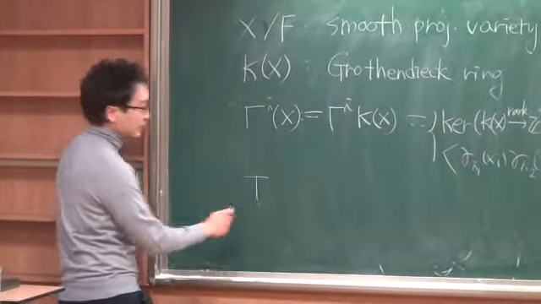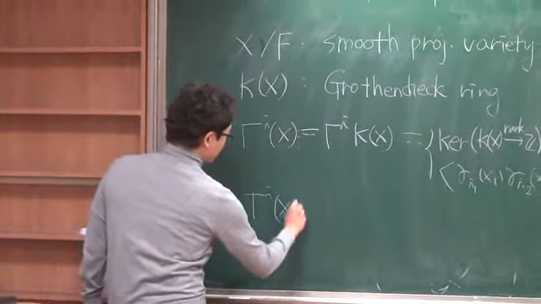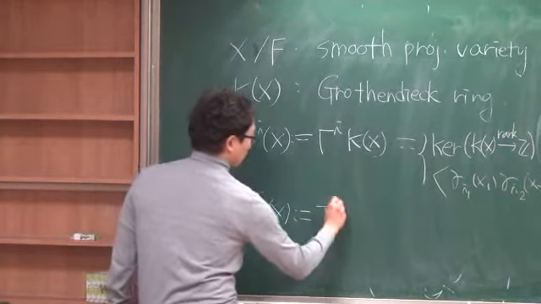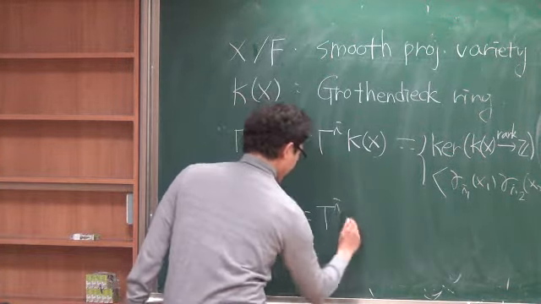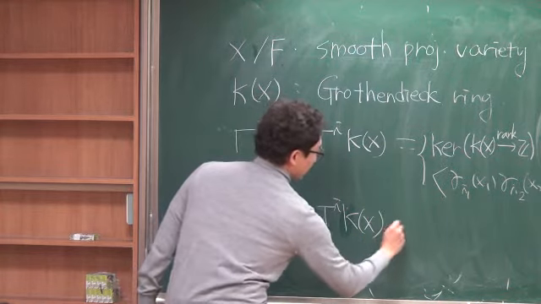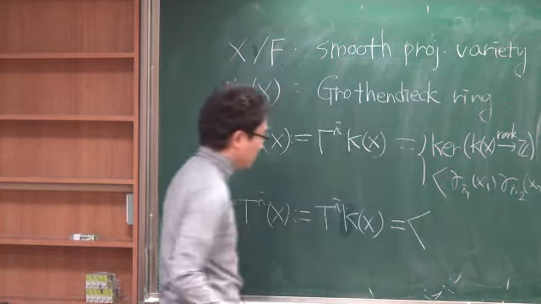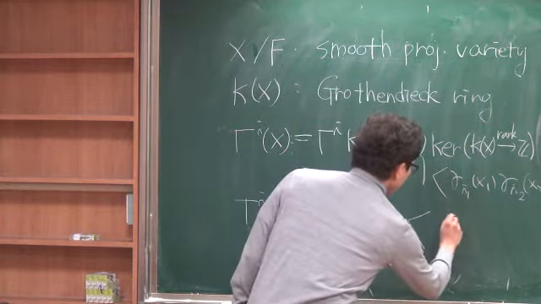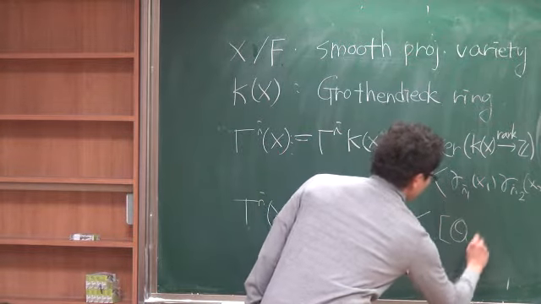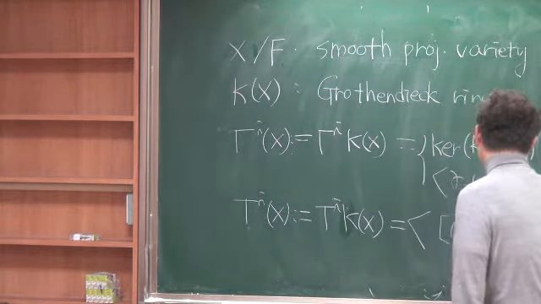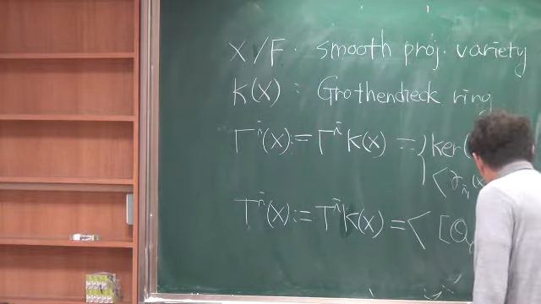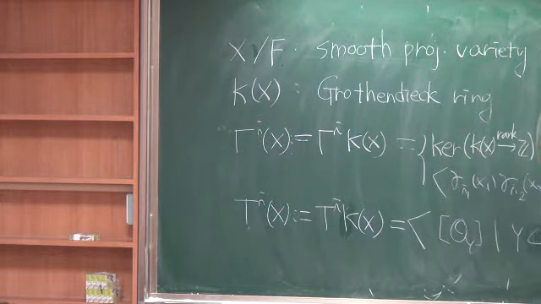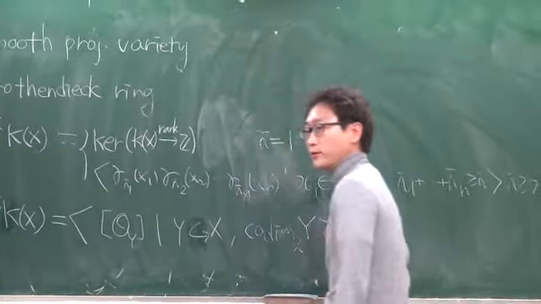And the topological filtration we denote by T^i of X. It is generated by the structure sheaf of a closed subvariety Y, where Y is a closed subvariety of X of codimension bigger or equal to i.